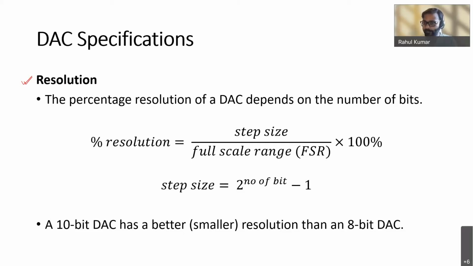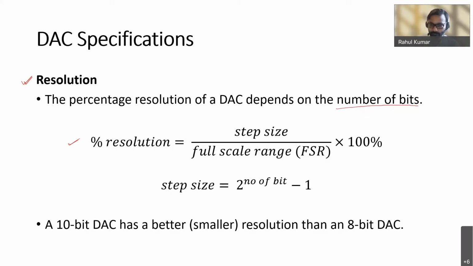It will depend on the number of bits, right? So whether you have a 3-bit DAC or an 8-bit DAC or a 4-bit DAC, it will depend on that. And it is calculated in percentage and it is given by this formula. It is equal to step size divided by full scale range multiplied by 100.